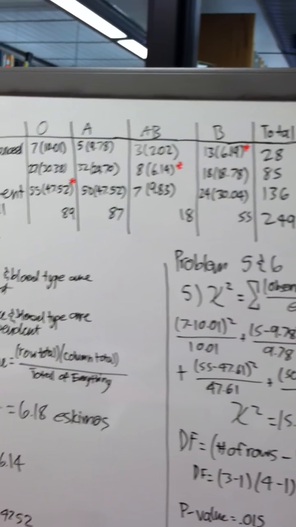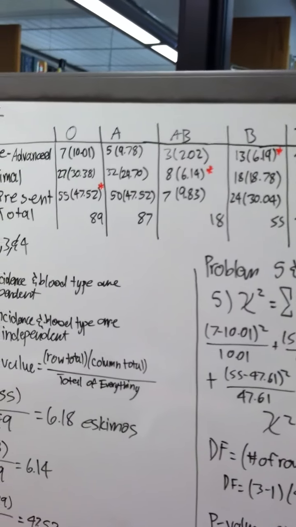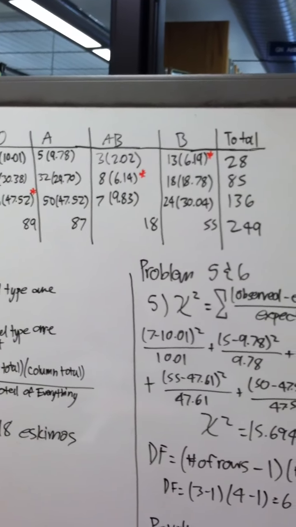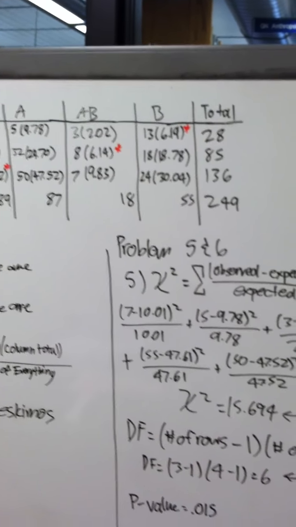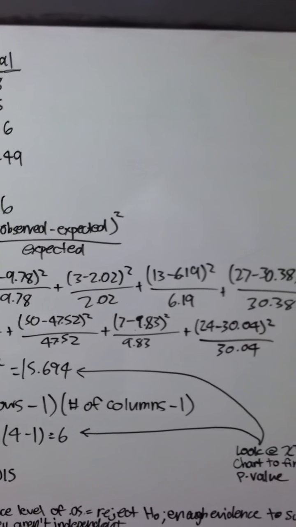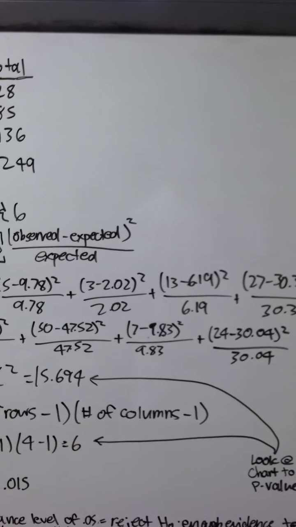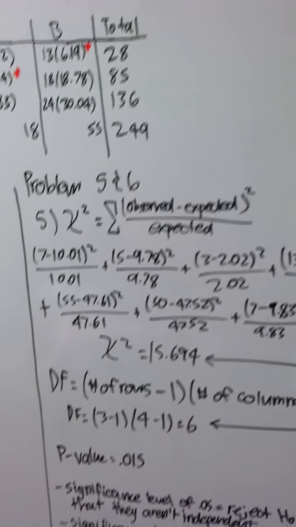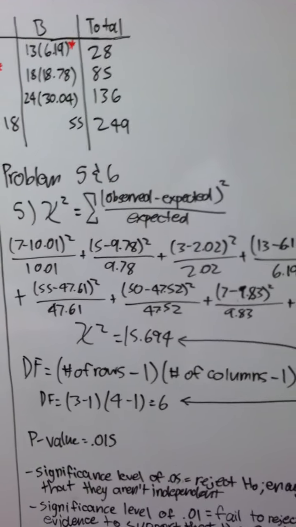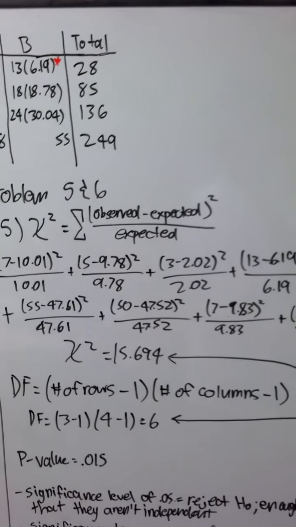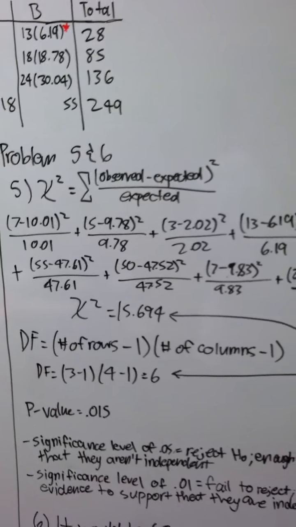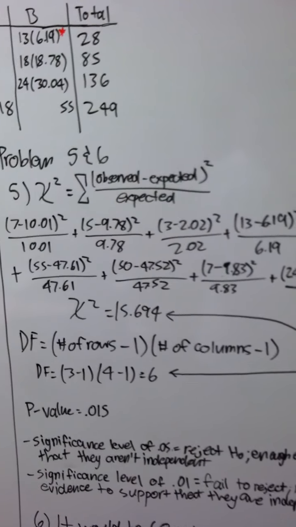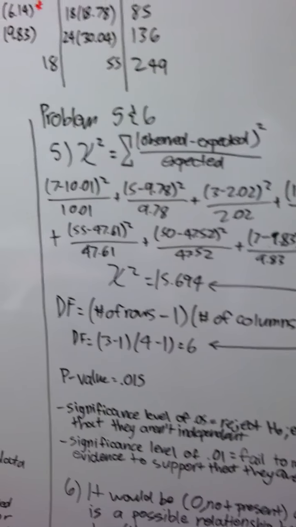I would repeat that process for each value in the table besides the total, and add them all together. The chi-square value that I come out with is 15.694.